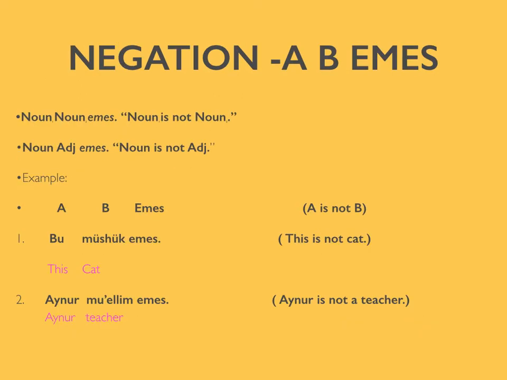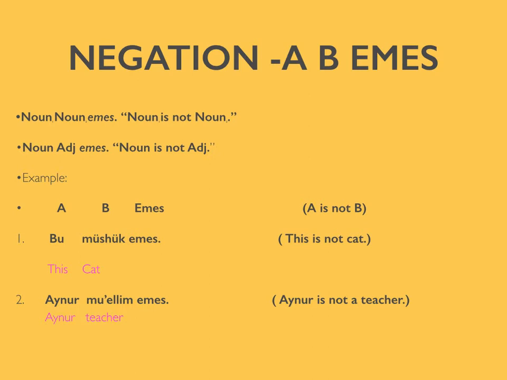Negation form. So how do you negate it? It's very simple. Again, the first type is noun 1, noun 2, ms. That means noun 1 is not noun 2. So A, B, ms. The next one is again the same, noun adjective ms will be noun is not adjective.